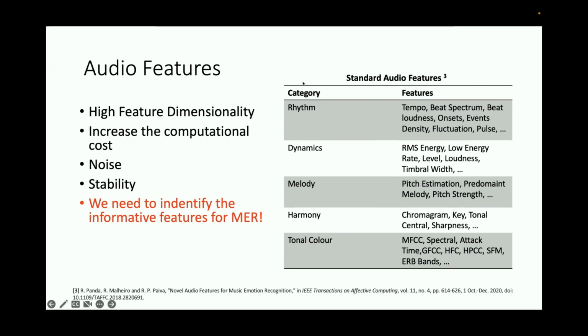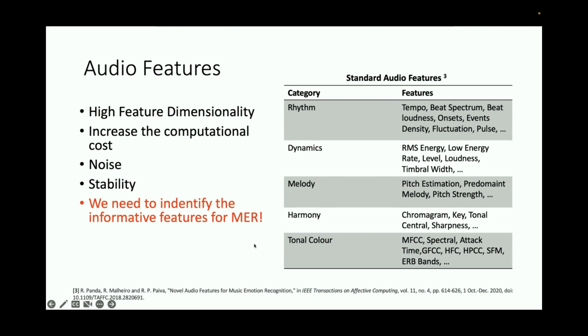For rhythm features, we have tempo, beats, spectrum, loudness, and onset density. We have dynamic features such as RMS energy and levels, loudness, and temporal weights. We have melody features such as pitch, prominence, and pitch strength. And we also have harmonic features such as chromagram, key, tonal centroid, and sharpness.